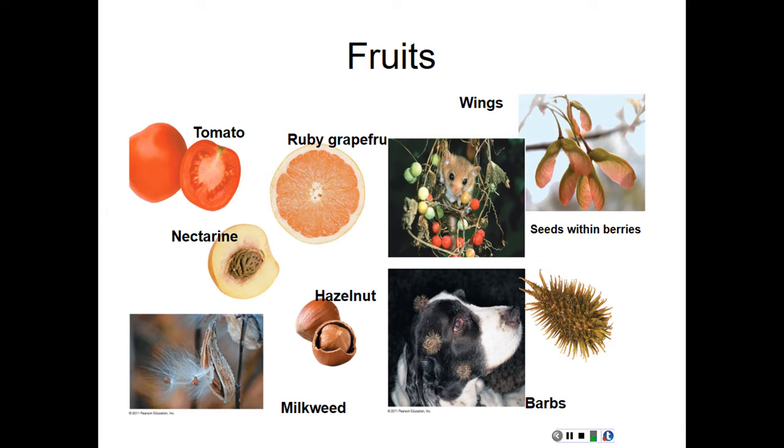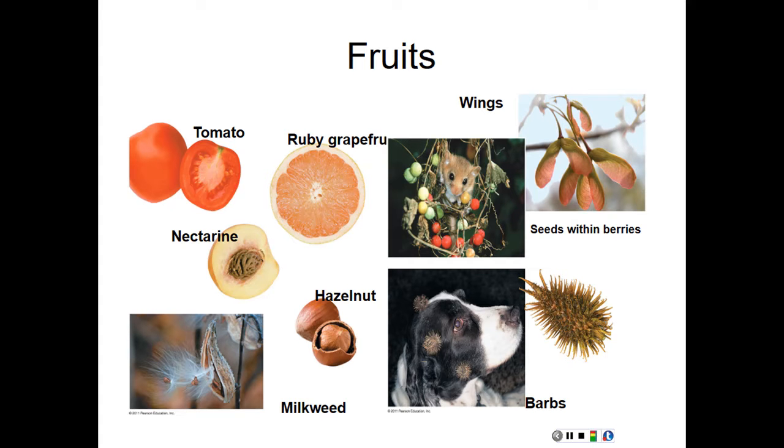Let's start there. Fruit is a mature ovary that develops from a carpel. Basically, it is a mature ovary, and sometimes it can include other floral parts.